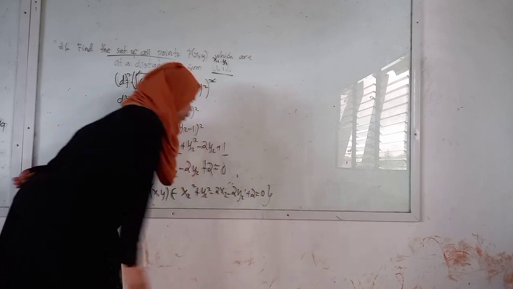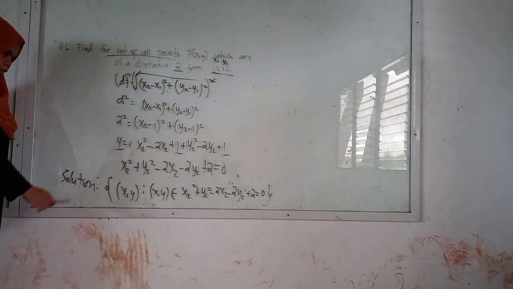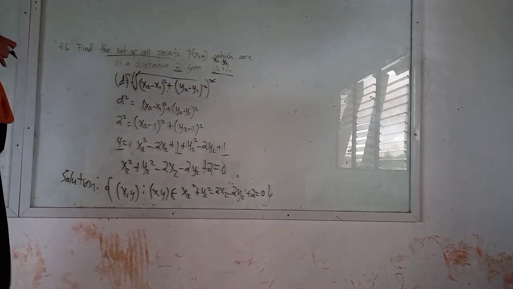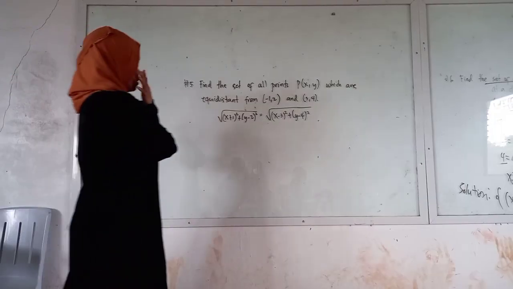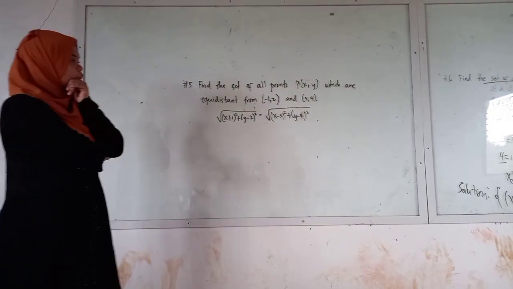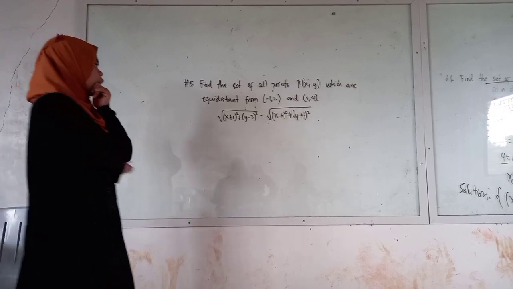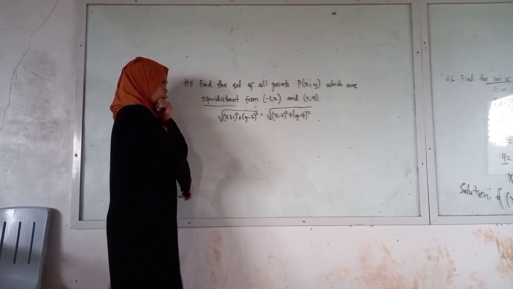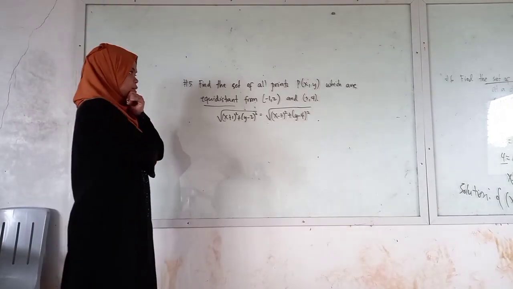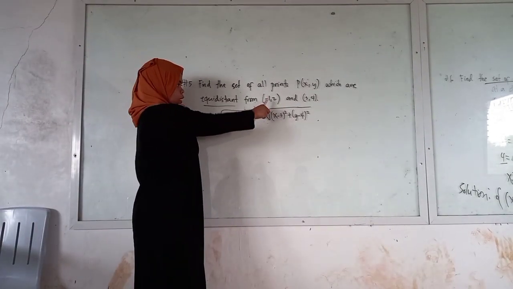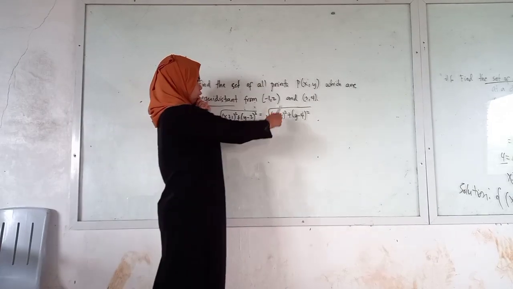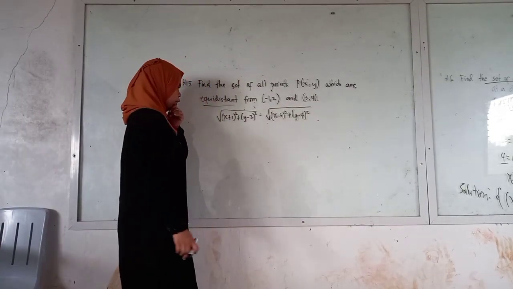May isa pang problem na may encounter nyo sa sample problems na ganito yung pagsulat ng solution. Okay, so find the sum of all points P(x, y), which are equidistant from (-1, 2) and (3, 4). So, when you say equidistant, ibig sabihin equal yung distance ng point na yun papunta sa (-1, 2), equal din sa distance papunta sa point na (3, 4).